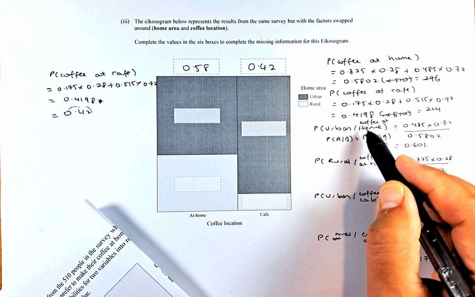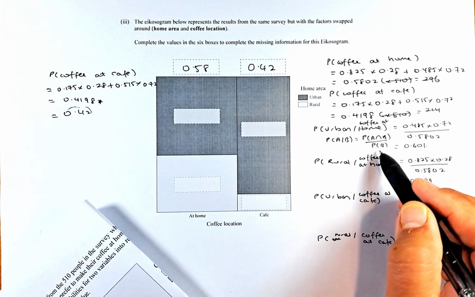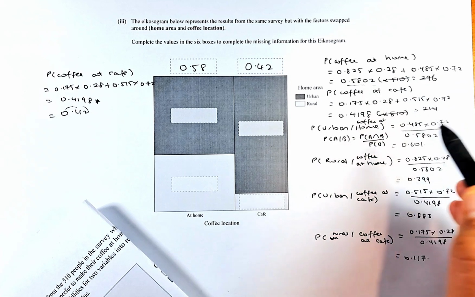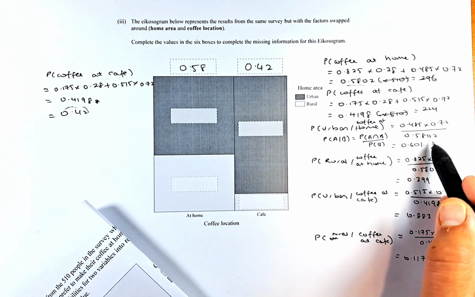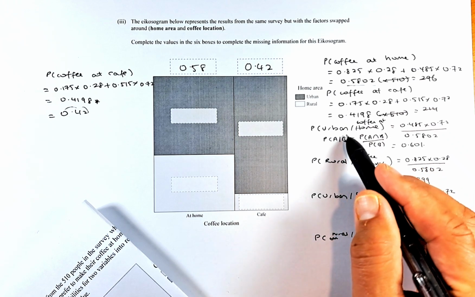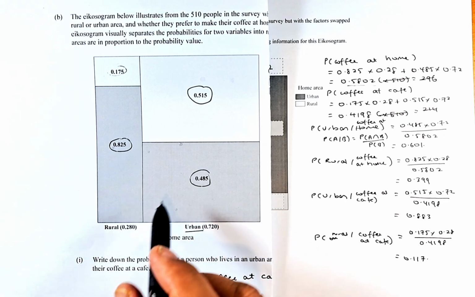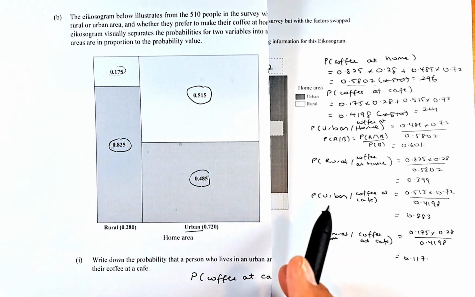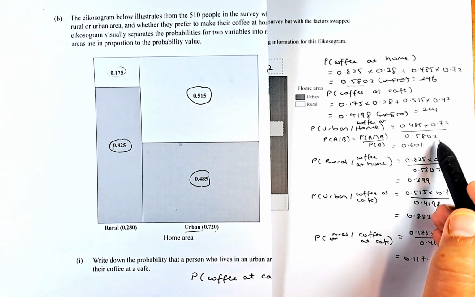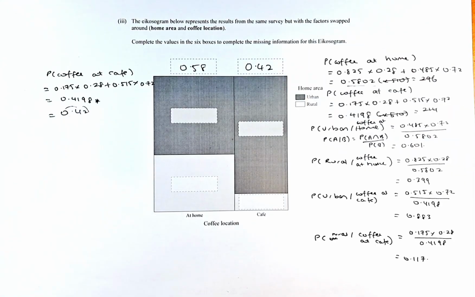The formula is probability of A given B is probability of A and B divided by probability of B. B is coffee at home, so 0.5802. For urban and coffee at home, we look at the graph again: 0.485 multiplied by 0.72 divided by 0.5802, and the answer is 0.601.